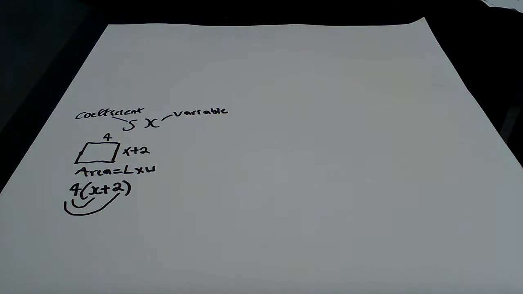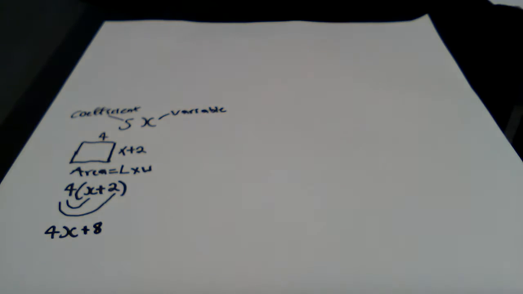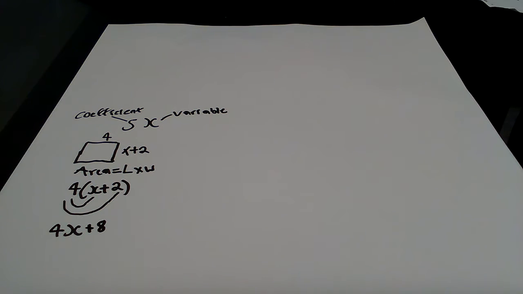So 4 times x will be 4x, and then 4 times 2 will be 8. Simple as that. You just have to get used to it. Then next we can get to easy questions.